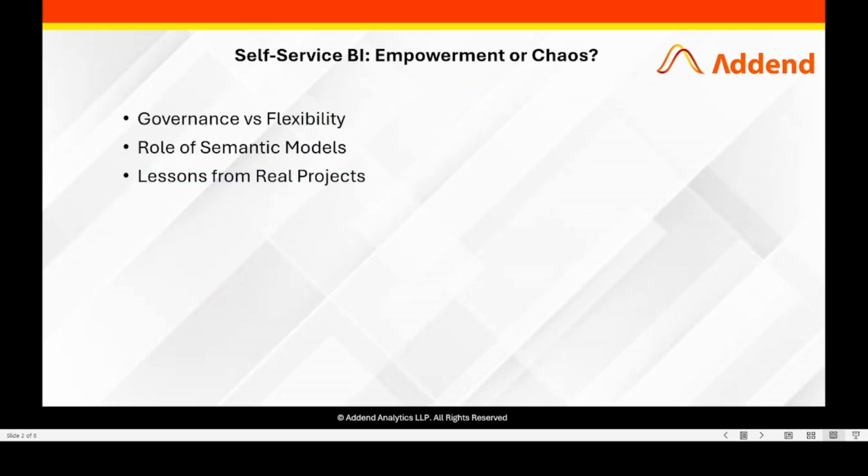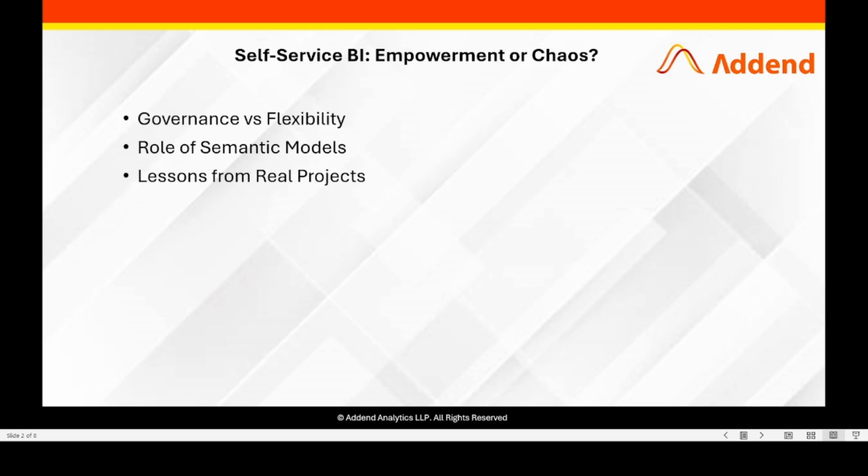Self-service BI, empowerment or chaos. Self-service BI was introduced with a clear promise: empower business users, reduce dependency on IT, and accelerate decision making. However, in many enterprise environments, self-service BI delivers mixed results.